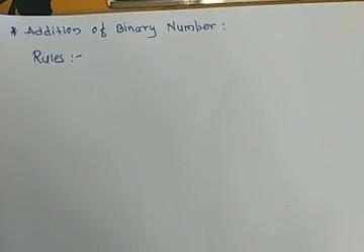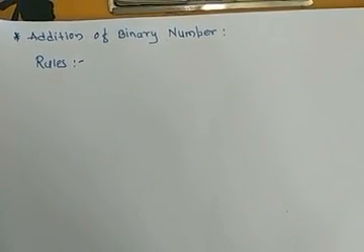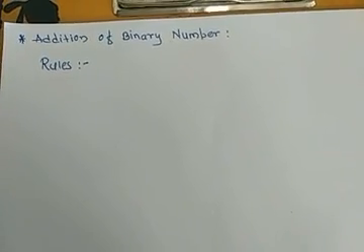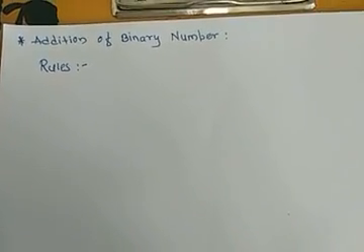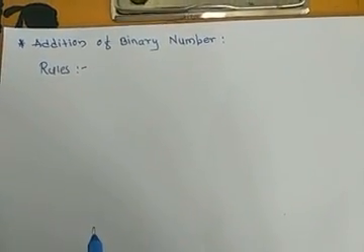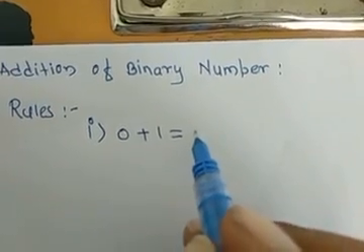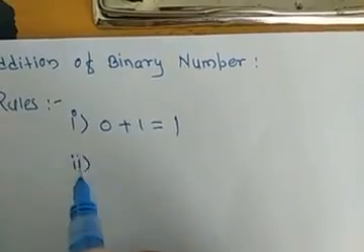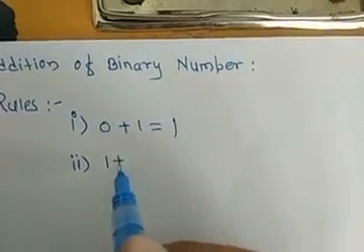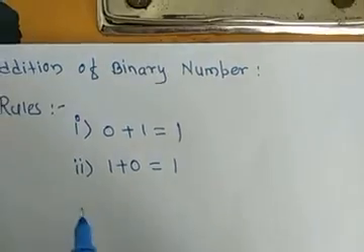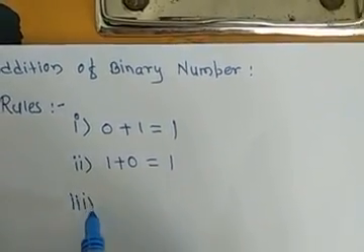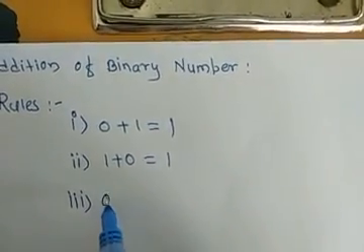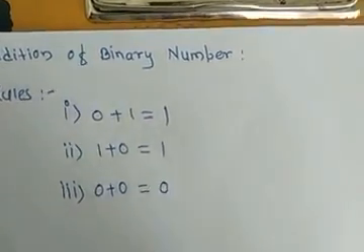Now we are going to study addition of binary numbers. There are some rules of addition. The first rule is 0 plus 1 is equal to 1. The second rule is 1 plus 0 is equal to 1. The third rule is 0 plus 0 is equal to 0.